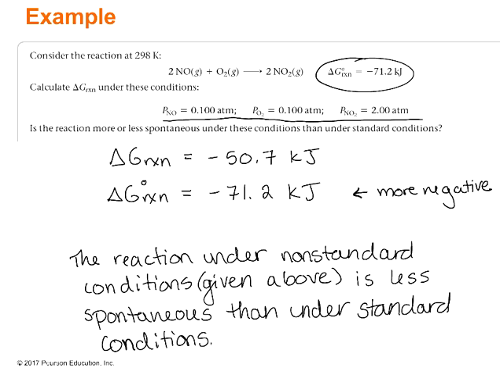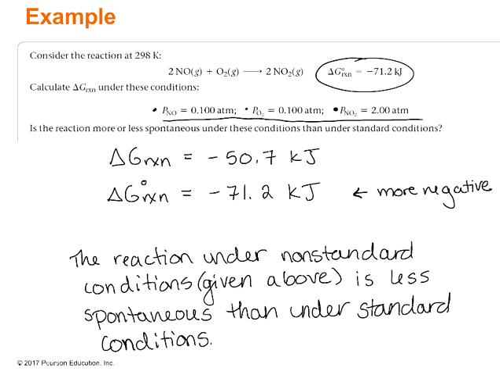Okay, and that kind of makes sense if we're looking at the partial pressures that we were given. We don't have a lot of the reactants, so nitrogen monoxide and oxygen are both fairly low in pressure compared to the product, which is really high in pressure. So that means the reaction has already proceeded towards products quite significantly.